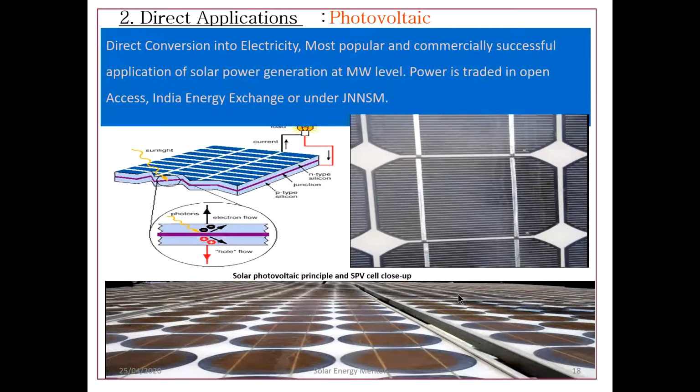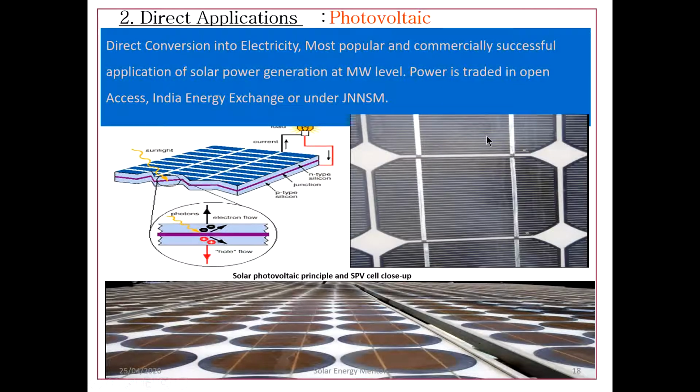In solar photovoltaics, megawatt level power plants are a sensation, because the power generated from megawatt level power plants is traded in open access. In 2003, the Electricity Act came into picture and revolutionized the power situation in India.